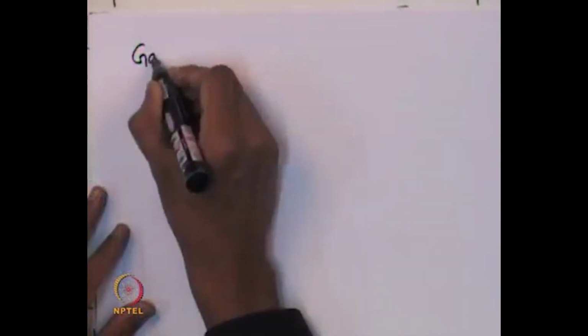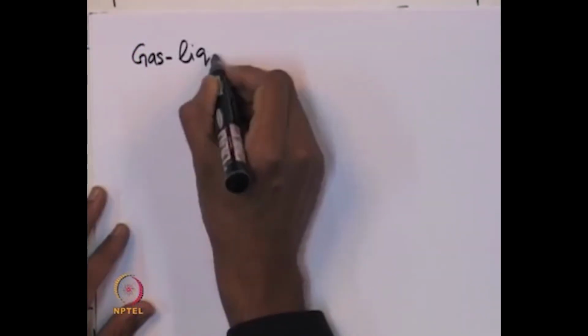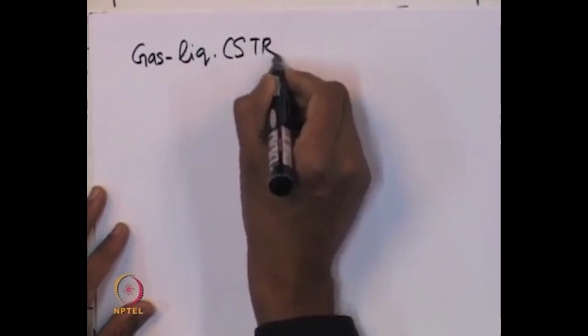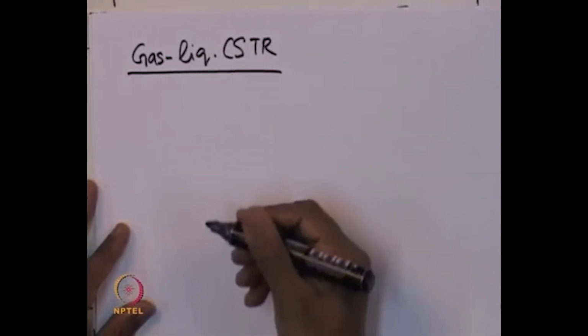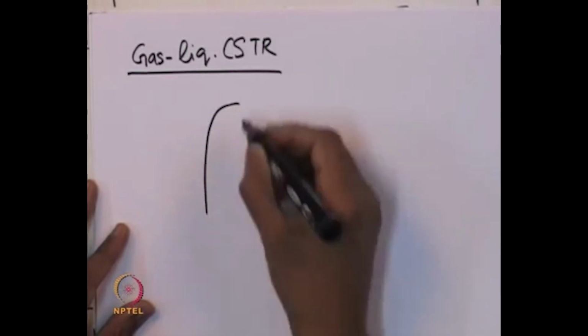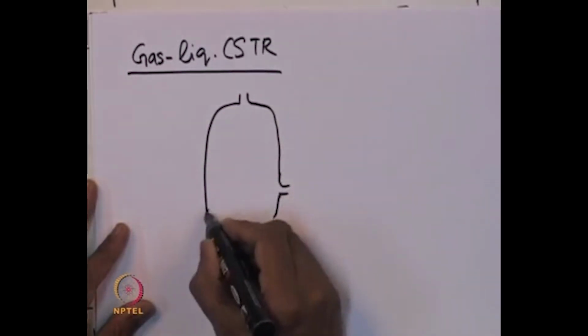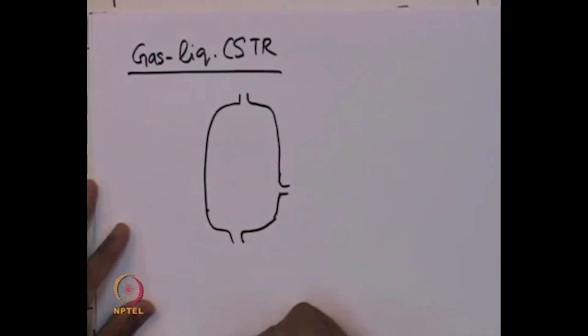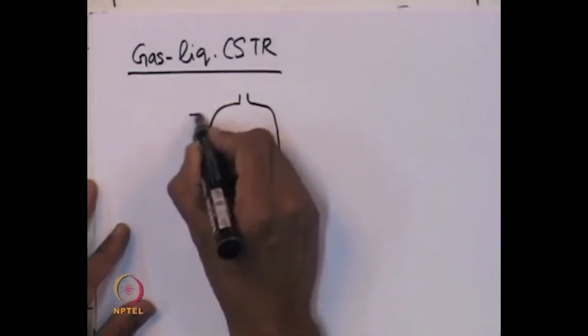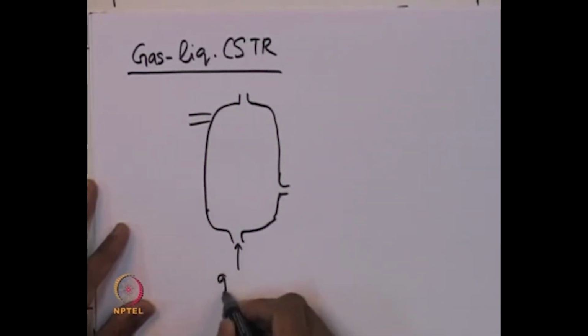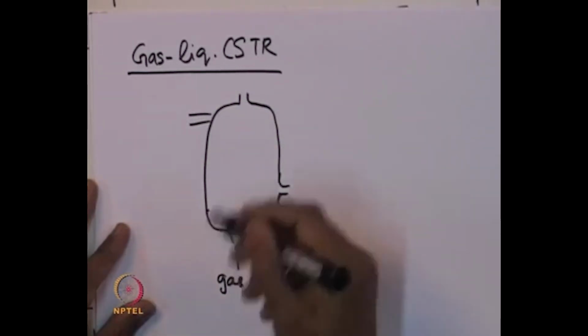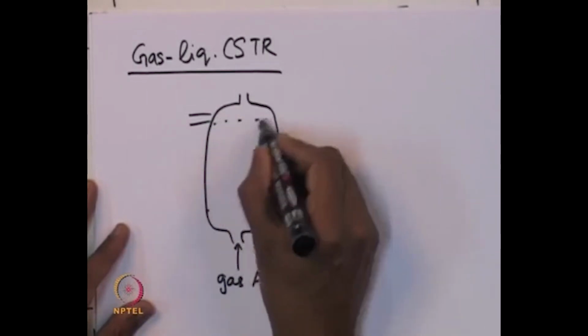So, let us look at a specific case of a gas liquid CSTR. Suppose I take a tank, and let us say that gas A is being bubbled through the liquid.